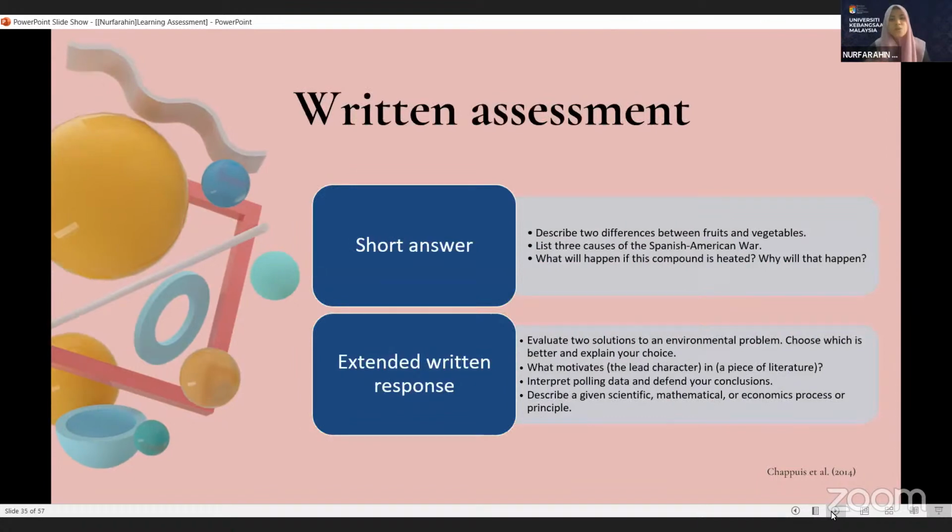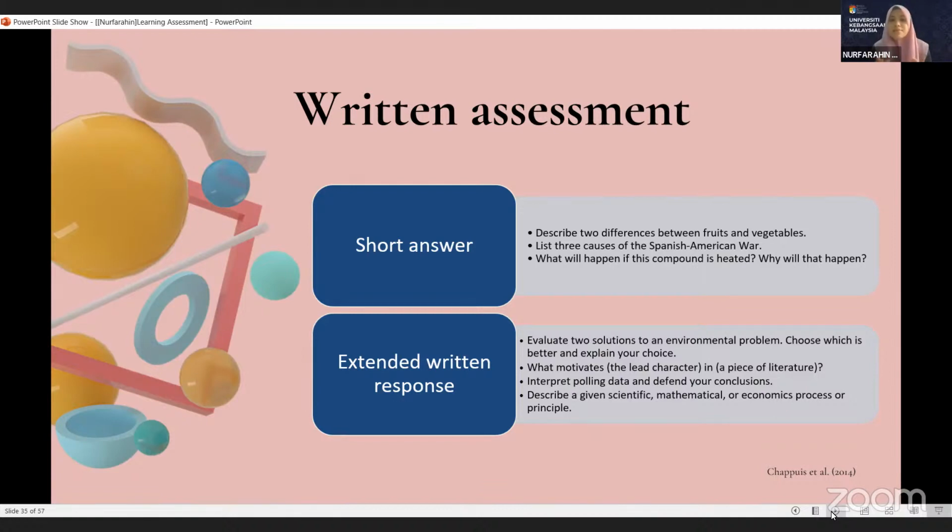Okay, so this is written assessment. Written assessment can exist in different forms, but I highlight 2, short answer and a standard written response. Short answer will be something that is not that lengthy. For example, you can use the word describe, you can use the word list, you can use what will happen, why will that happen.